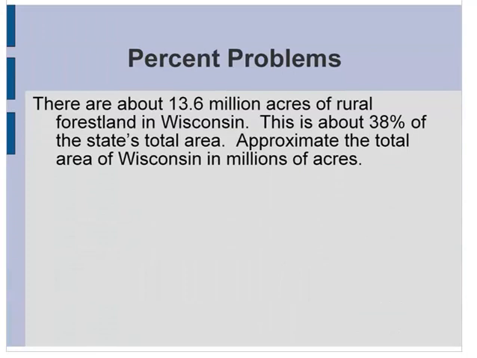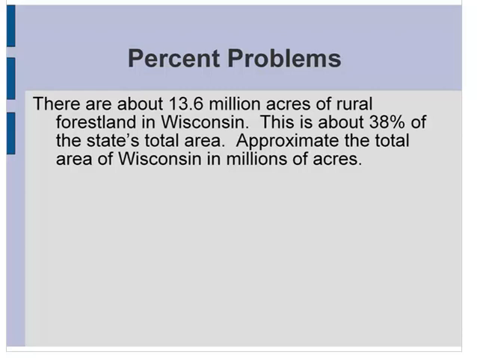Another percentage problem. There are about 13.6 million acres of rural forest land in Wisconsin. This is about 38% of the state's total area. Approximate the total area of Wisconsin in millions of acres.